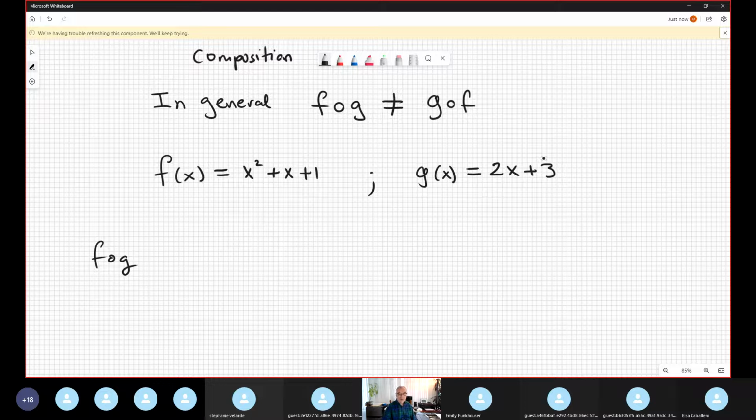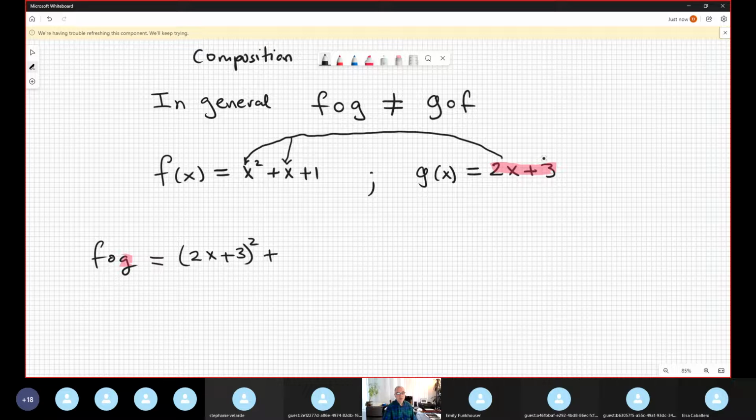You take this expression, g is the innermost, and you replace in f, in any place of x, the expression 2x plus 3. So actually, we have (2x plus 3) squared, plus 2x plus 3, no square, linear, the exponent 1 is invisible, plus 1.